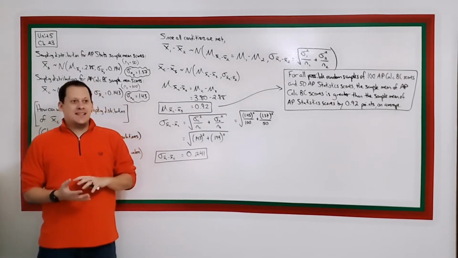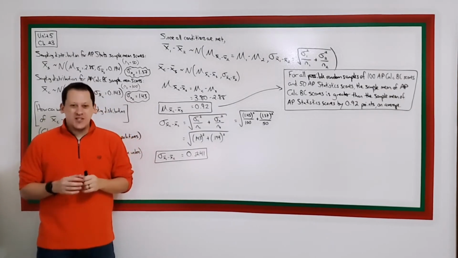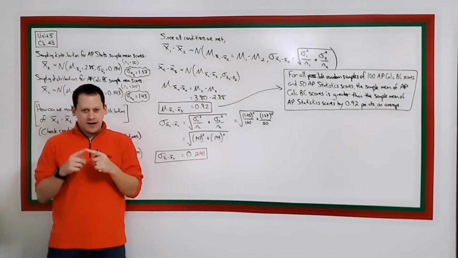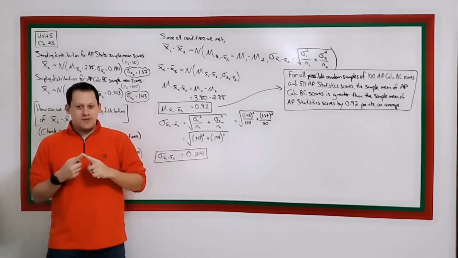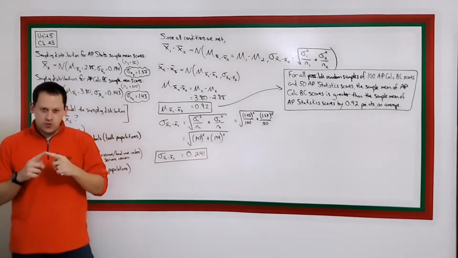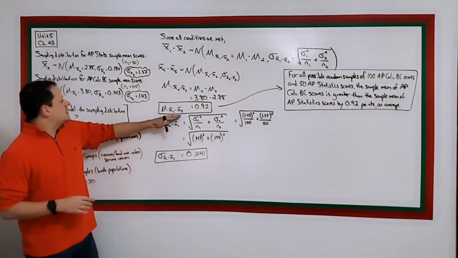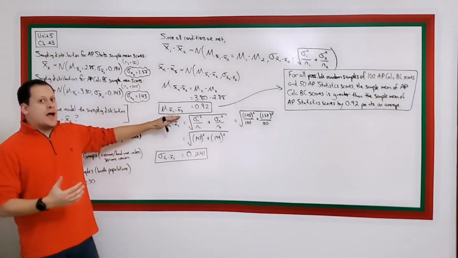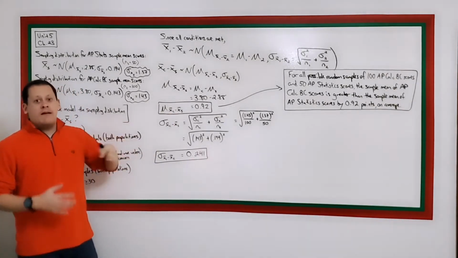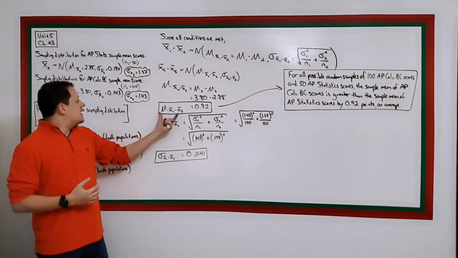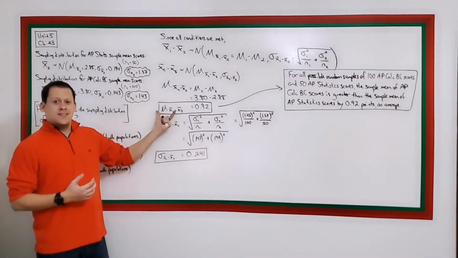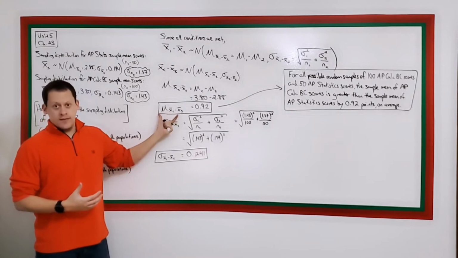And again, I think that the trickiest interpretations for these sampling distributions are when we start combining the random variables, or we're taking two populations. So let's start with this mean here. We got 0.92 here. And I want you to look at this notation to try and understand what this is doing.